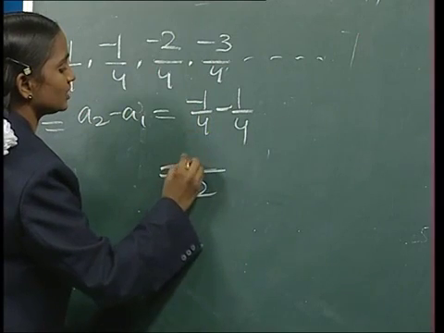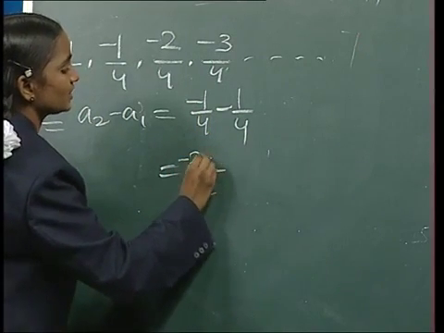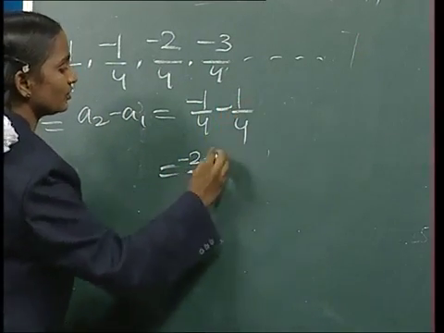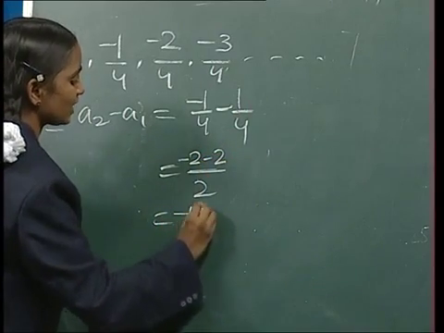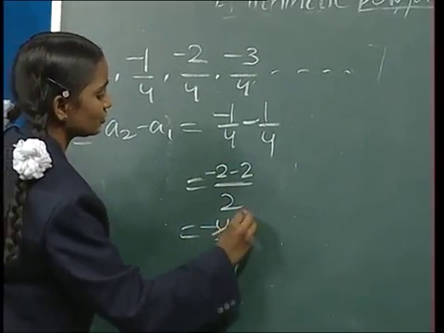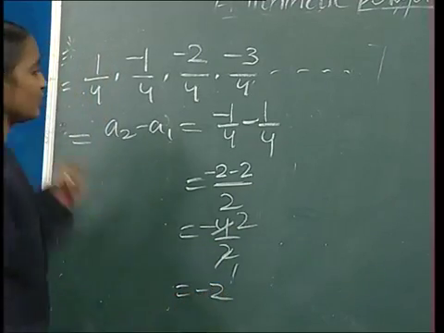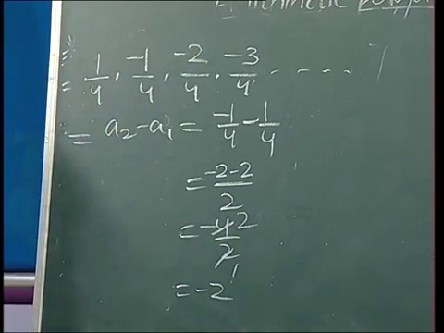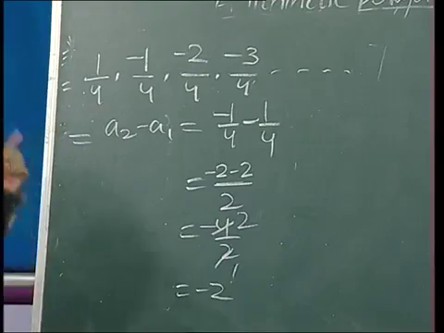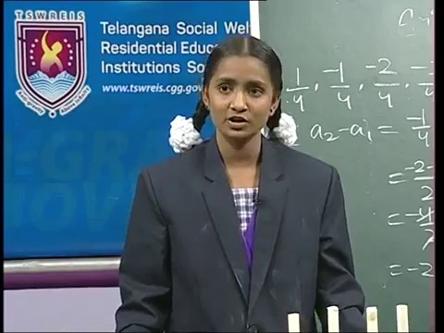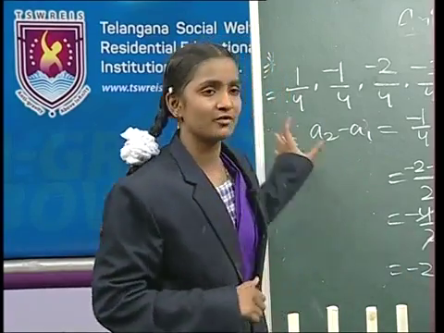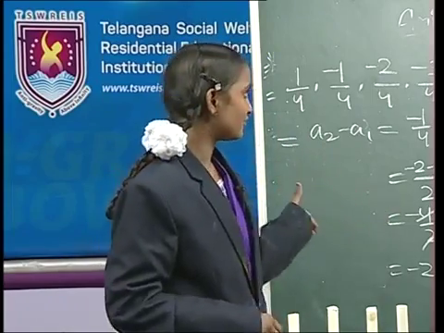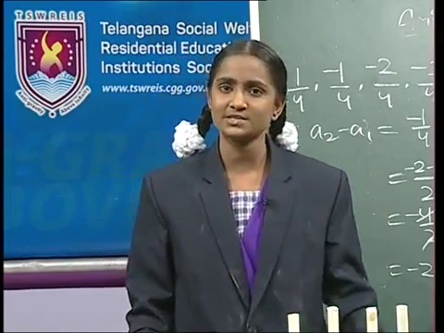So when fractions are given, we can also find an arithmetic progression by subtracting and knowing the difference between the two numbers. With the first term and the common difference, we can find the sum of n terms and we can find the nth term also.